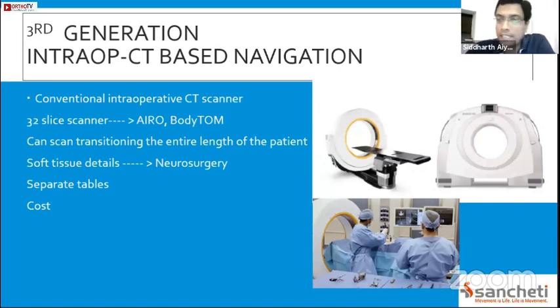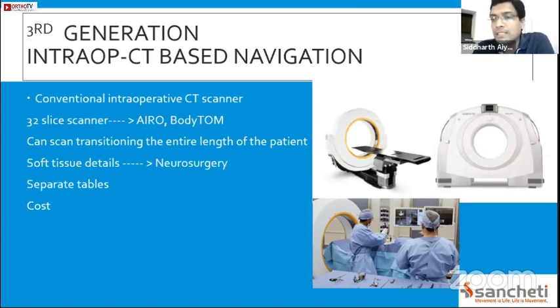the state of the art would be intraoperative CT, which is basically a portable CT scanner. It's not a 128 slice, but it's a 32 slice scanner, which is seen in the Airo and the BodyTom. This unit can be placed in the OR. It is quite often portable and can be moved from OR to OR. The only downside is obviously the cost.